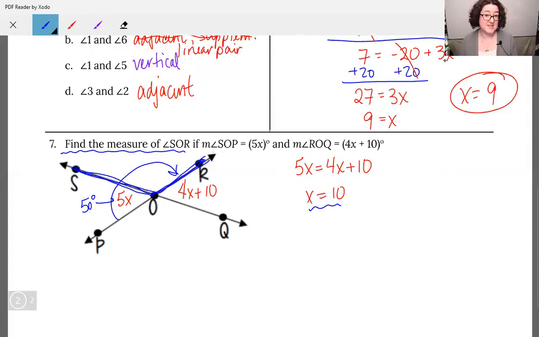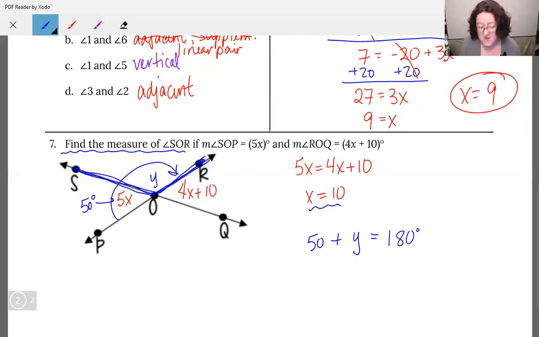So I have kind of a secondary problem I need to do now. Part plus part equals whole. I have angle SOR, and I don't have anything labeling it except for letters. I don't want to use a number to confuse it with the algebra, so I'm going to call that guy y. I'm just going to give him a new variable. If part plus part equals whole, then 50 plus y, if I add those together and they make that nice straight line going POR, they have to add up to 180 degrees.